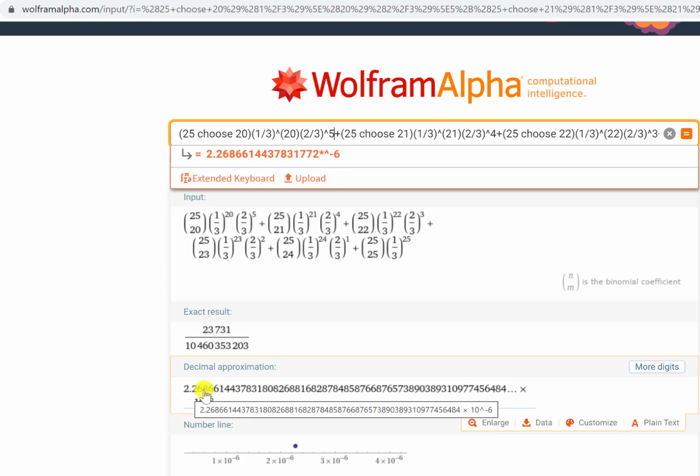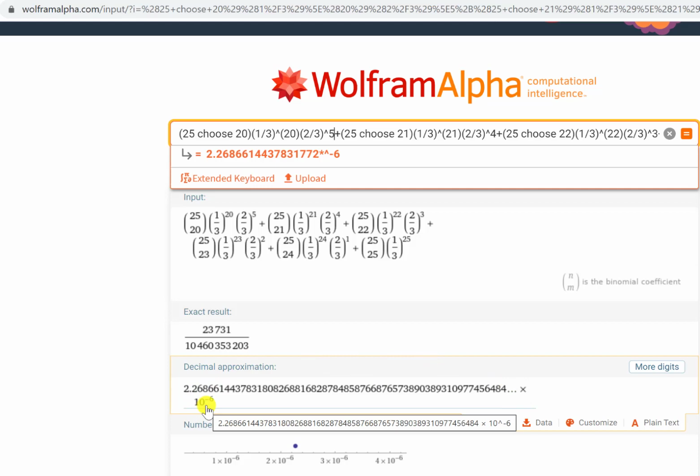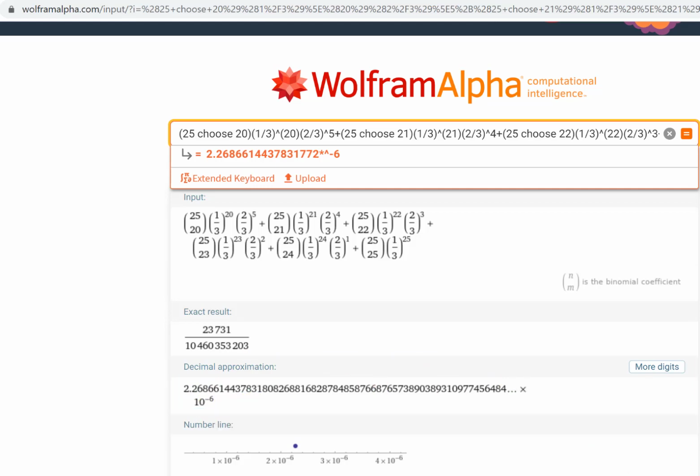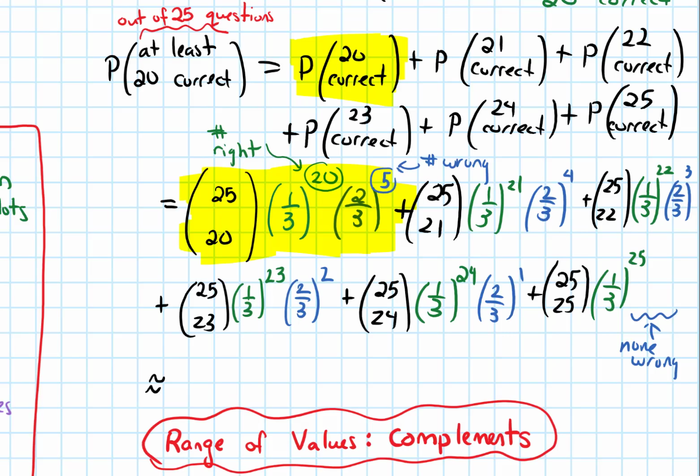But notice that what we have is this decimal, 2.26 something, and then times 10 to the negative 6 power. So let's write that down. Writing that down, we get 2.269, if I round it to 3 decimal places, times 10 to the negative 6. And that is our probability.